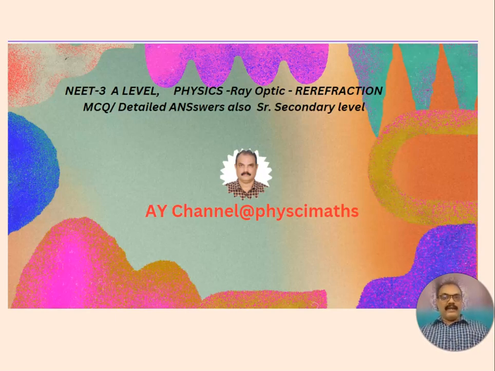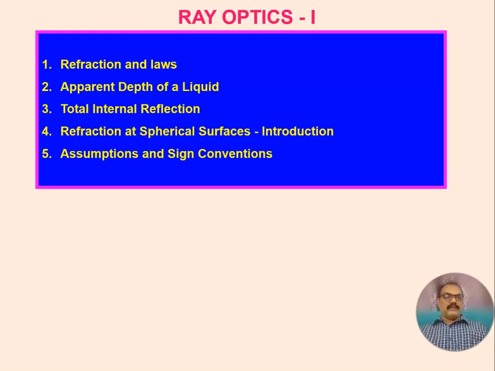In part 1 I explained all the things about these topics: refraction of light, apparent depth, total internal reflection. Some part I explained. After that I am going to explain here 3. Then we will have MCQ questions and detailed answers for your understanding level, to check your understanding level for your NEET practice.